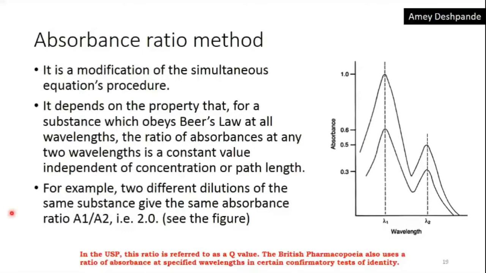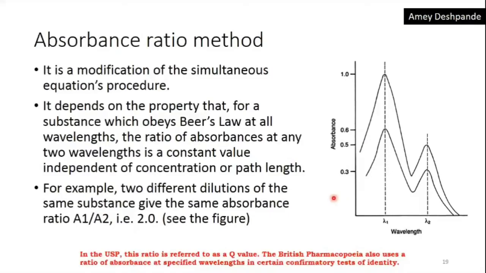The method is referred to as Q ratio method in USP because they name this ratio Q. So another name for the absorbance ratio method is Q value method or Q ratio method. I want you to quickly copy down this slide, even this image also. Mukesh, you will unmute yourself and tell me when it is done.